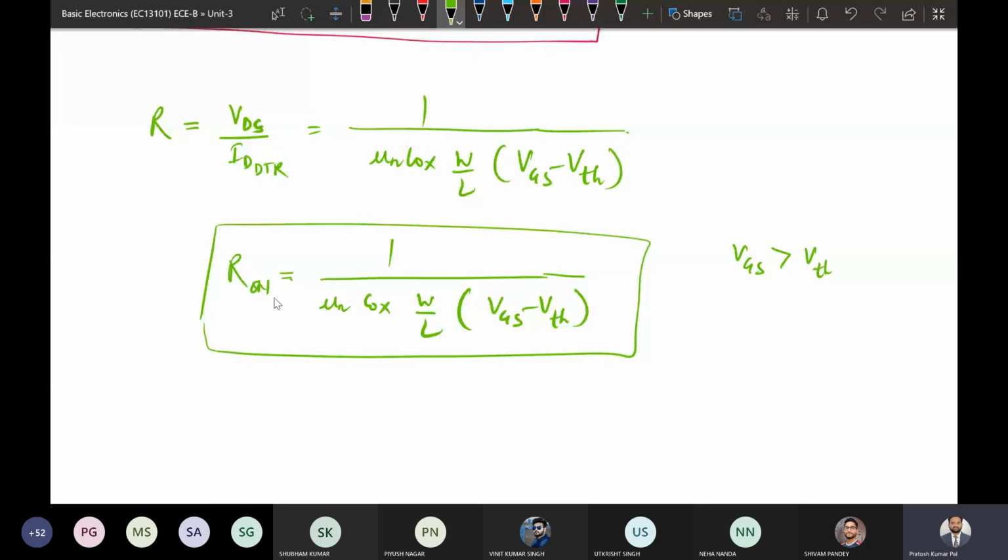So from there we can see R on depends on different parameters. One is mu n and Cox.